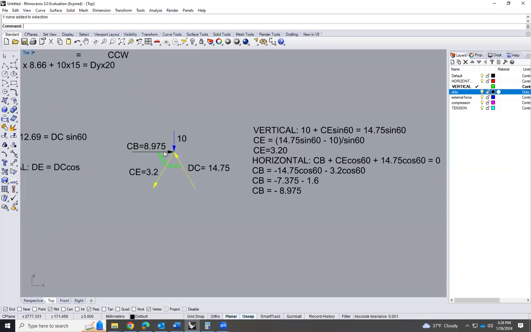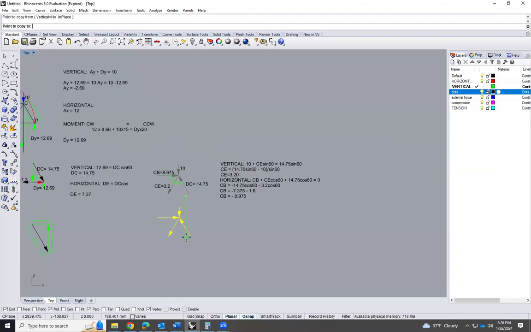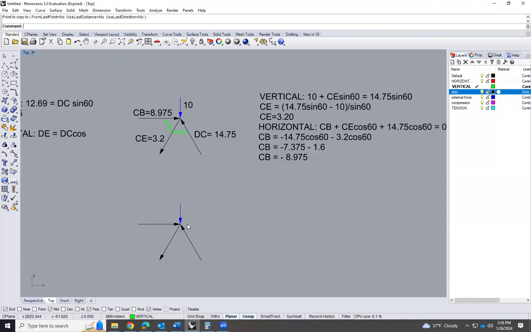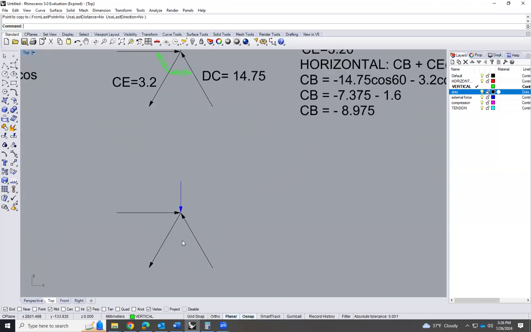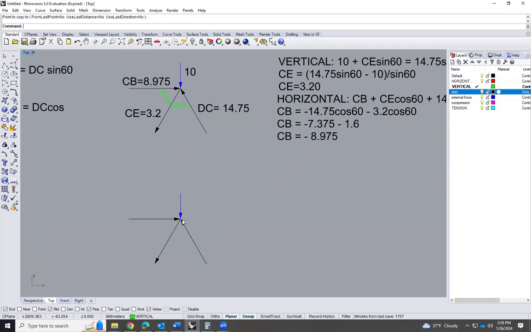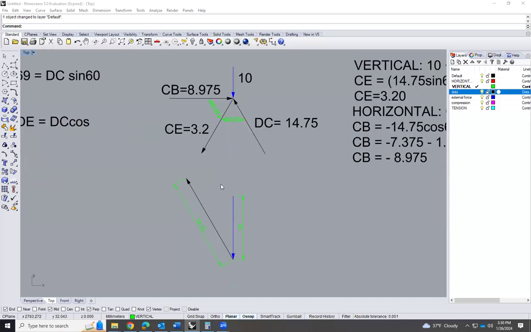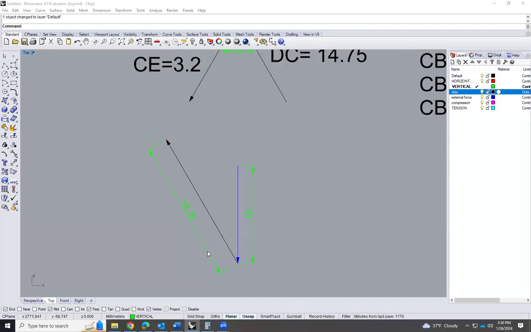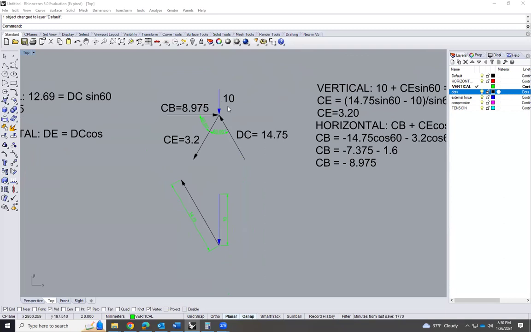We'll copy this because I want to create a polygon and I want to close that polygon. I'm using this, but I'm drawing the force at the right scale.